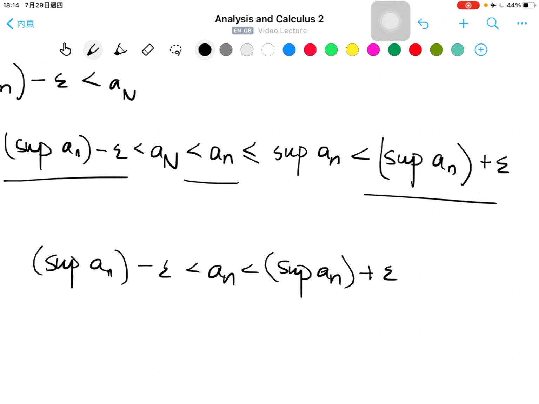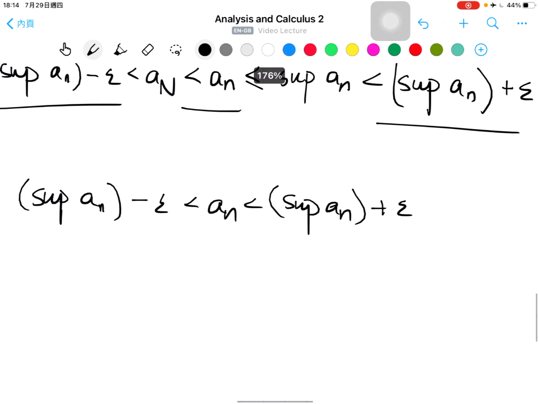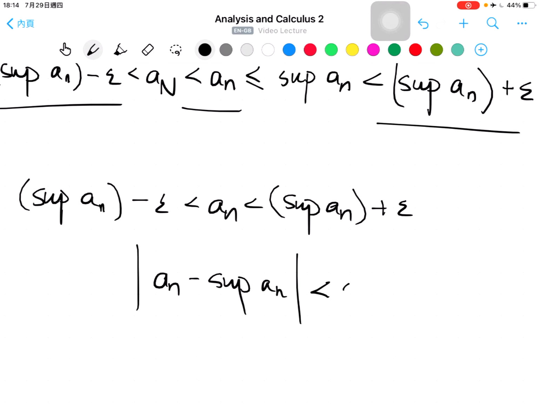That means the absolute value of a_n minus the supremum of a_n is going to be smaller than epsilon. The distance between a_n and the supremum of a_n is going to be smaller than epsilon.